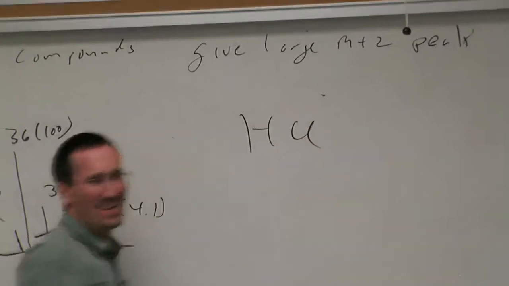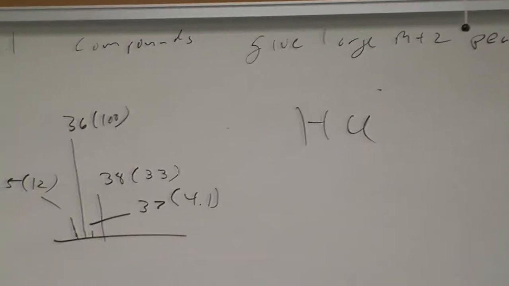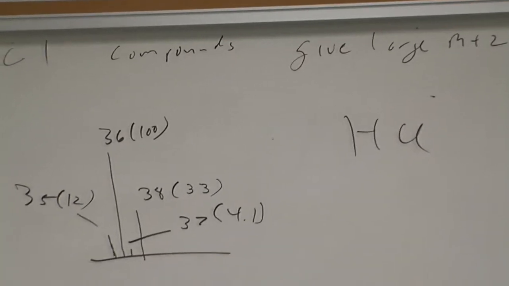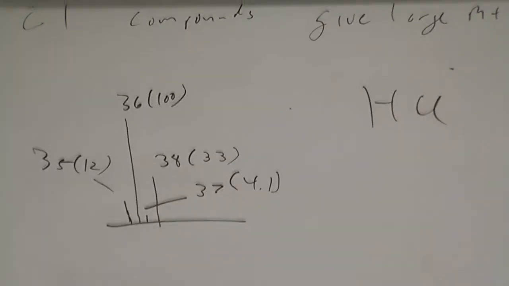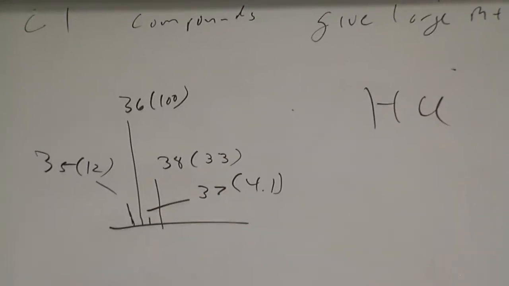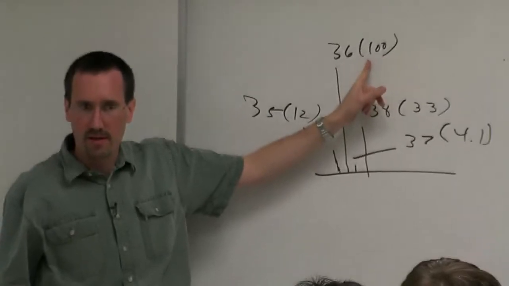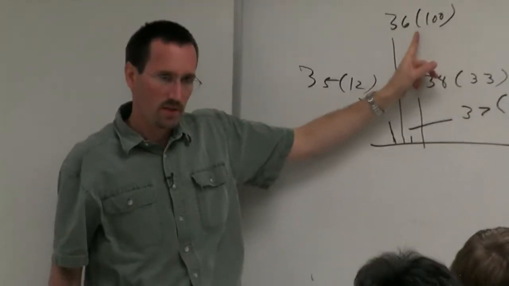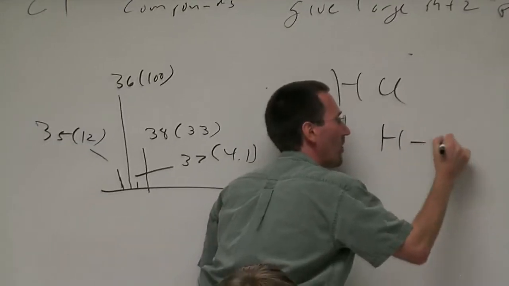HCl. Got it? Now explain it. You see small piece of chloride. All right, so let's start with the big guy here. What's the big guy? HCl with chlorine 35.